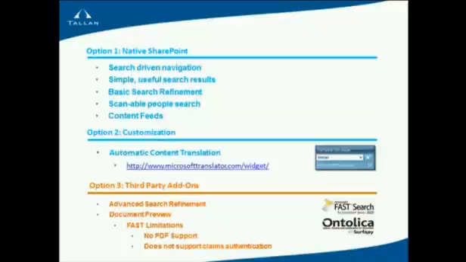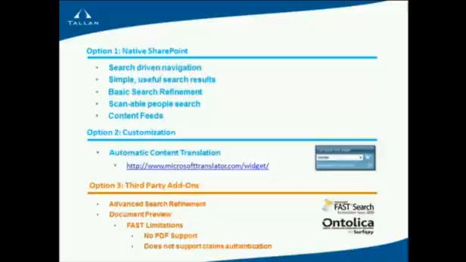And also, it does not support claims-based authentication. What that means is, within SharePoint, you have two ways to authenticate your users. You can use traditional basic authentication, or you can use Windows claims-based authentication. There's an outstanding bug within FAST Search that if you're using claims-based authentication, the crawler is not able to crawl the document content repositories effectively to generate the document preview.